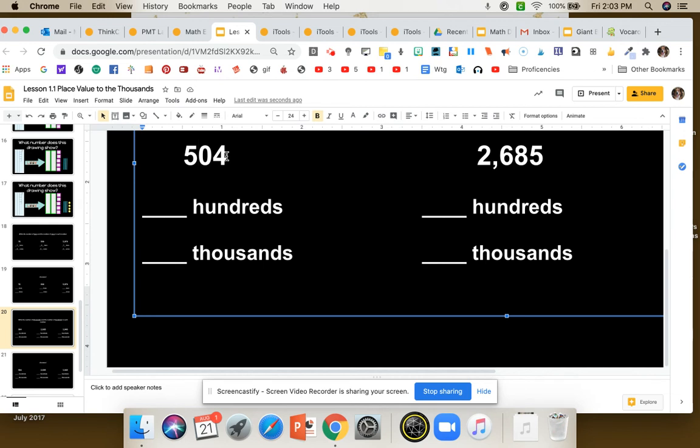So if you count place values, you would go ones, tens, hundreds. So we have 5. Thousands. There's nothing here. We don't have any thousands. This number is smaller than 1,000. So we just say 0.